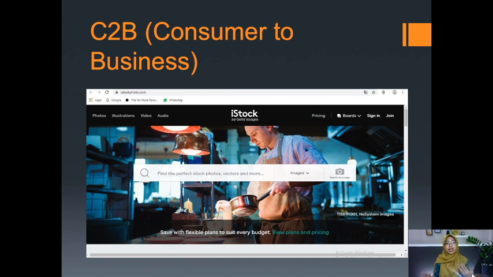So what we have in mind right now is an individual trying to sell their product or their service to a company. One example of this consumer to business transaction is that you can try to check iStockphoto.com, where this website gives many chances and many opportunities for designers or photographers to share their products, their photos, their designs with a company.